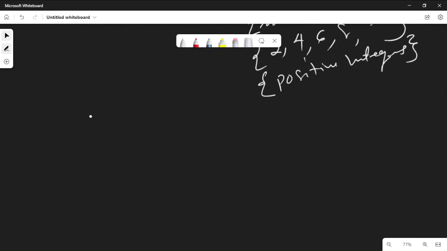The fourth one that we need to look at is a disjoint set. Two sets are said to be disjoint sets if they have no element in common.